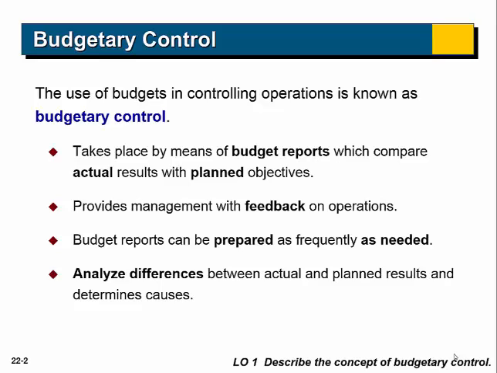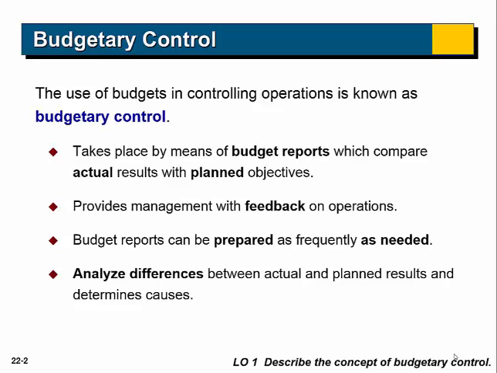So we are going to perform budgetary control by taking our information and turning it into budget reports, and we can use these reports to compare the actual results of a time period with what we had originally planned.